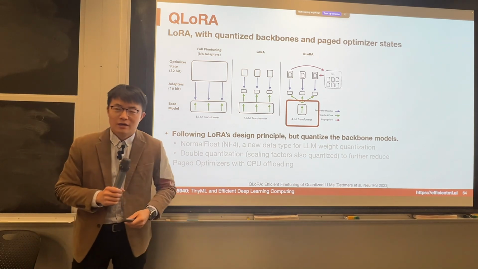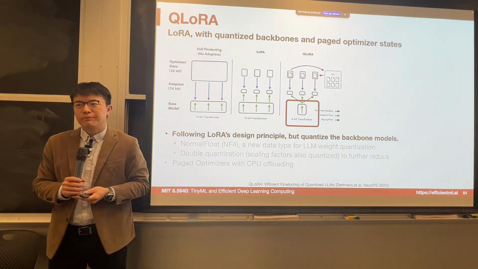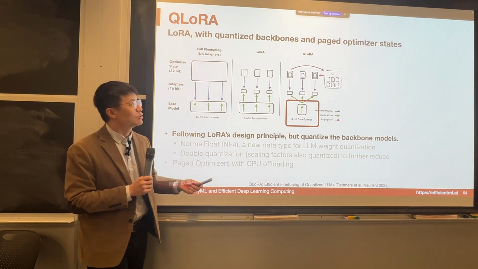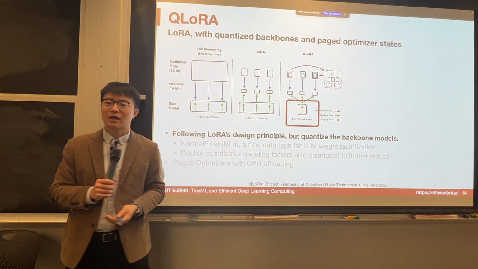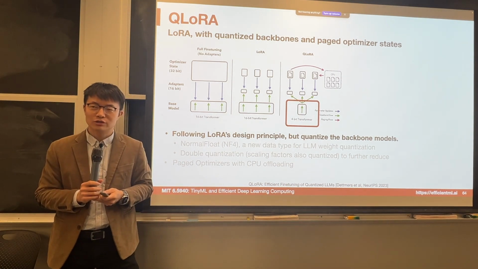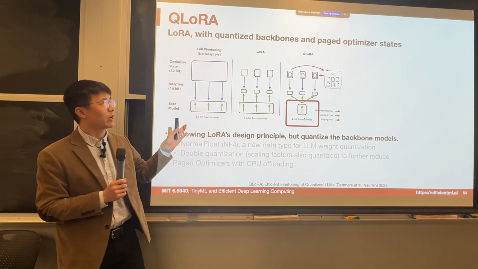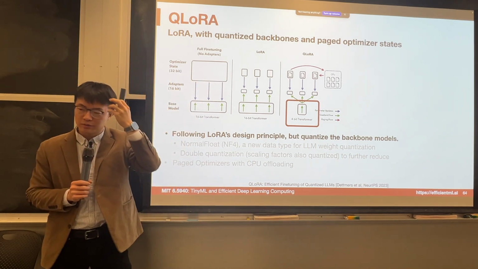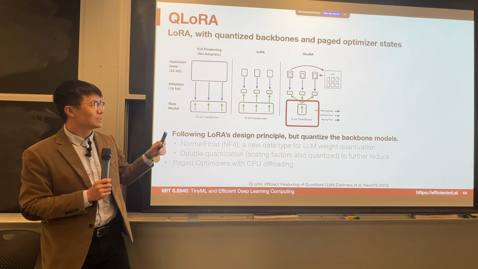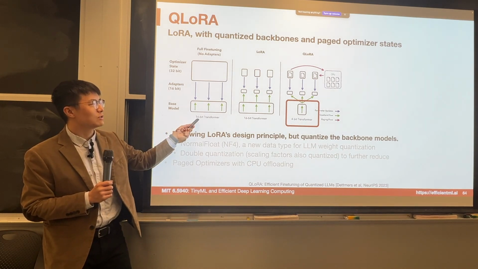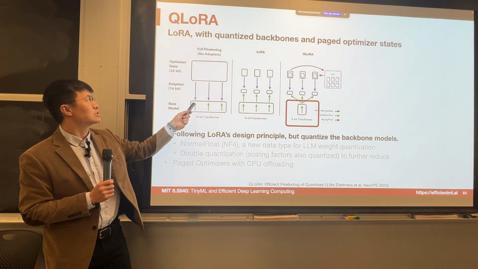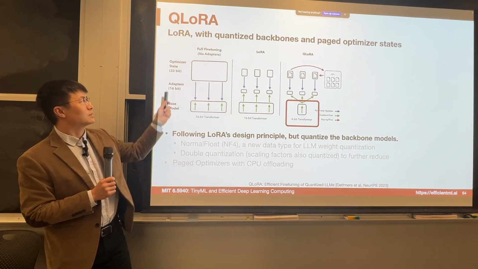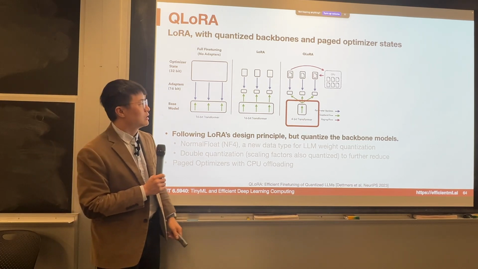Okay. So can we make the backbone even more efficient? Since we're only fine-tuning the bypass branch, can we further compress the original branch so that we use QLoRA, quantized LoRA? Quantized backbones, and also paged optimizer states. The key idea is, rather than using a 16-bit transformer as the backbone, this is the base model, this is the optimizer state, and the adapter is using 16-bit.